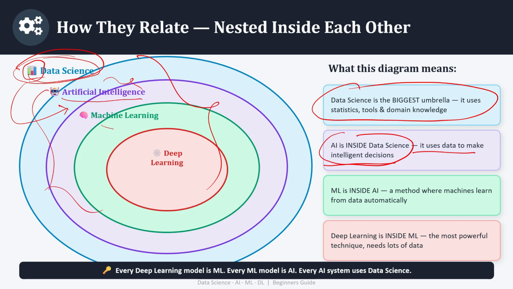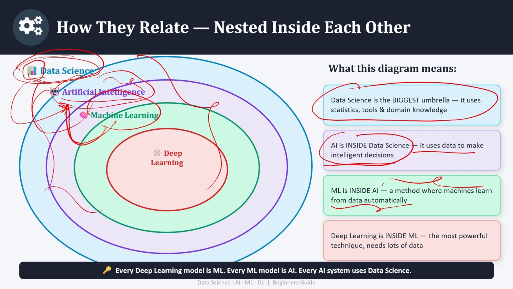And then we have machine learning, which is inside artificial intelligence. This is a method where machines learn from data automatically. In artificial intelligence, we are taking decisions based on the data that we have collected in data science, and machine learning is going to learn from that data. It is not just about using that data to make intelligent decisions; it goes beyond that.